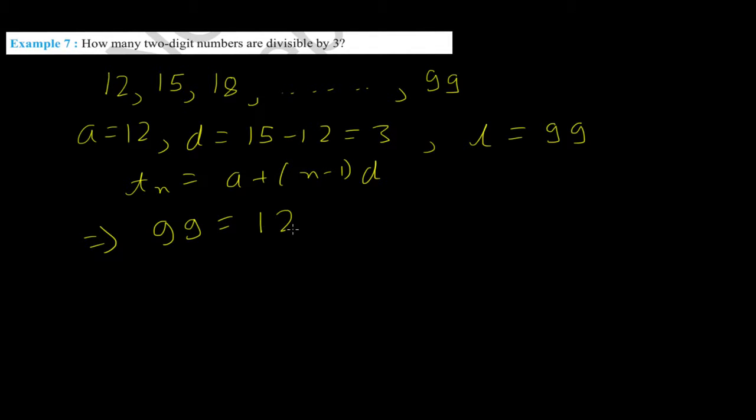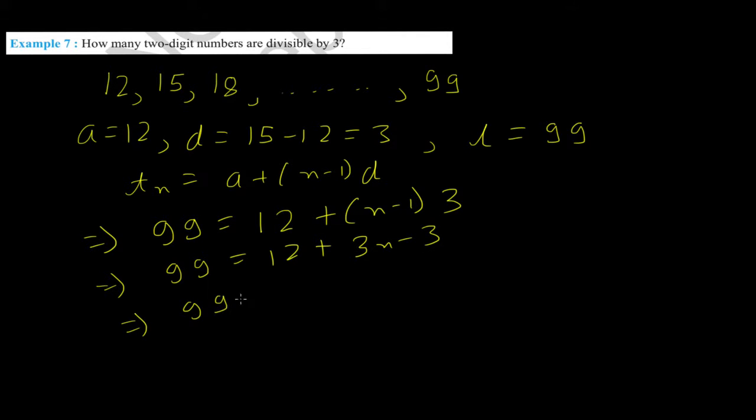So we have 12 plus n minus 1 times 3, and this is equal to 99. So 99 is equal to 12 plus 3n minus 3, or 99 is equal to 9 plus 3n, or 3n is equal to 99 minus 9, that is 90.